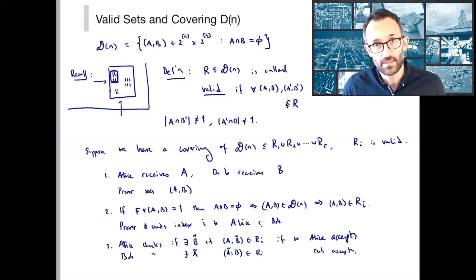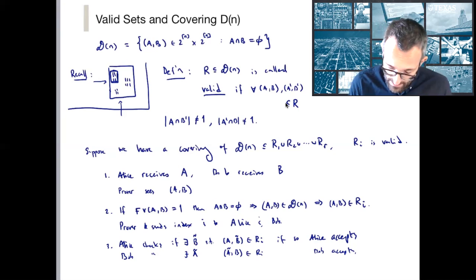Now, did they succeed? Since they both accepted, that means that they both believe that the intersection of A and B has to be 0, cannot be 1. And indeed, we can see that that's the case.